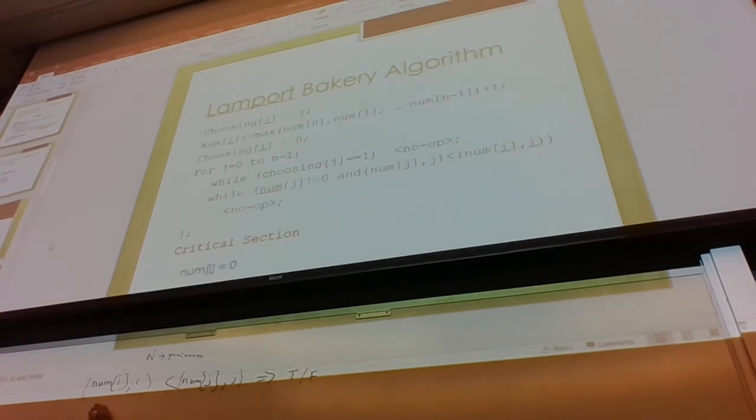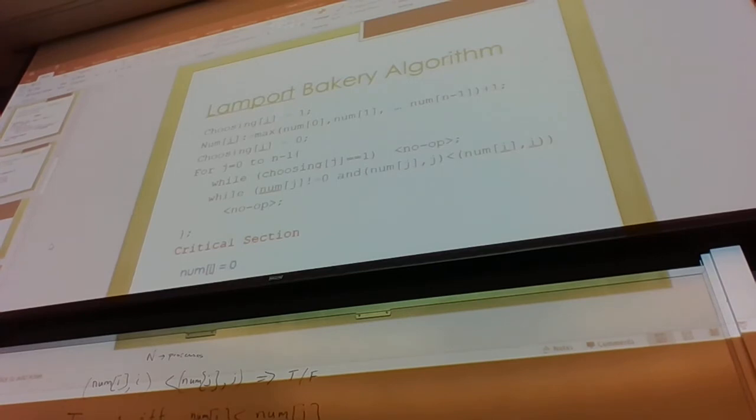So this is true for two circumstances. So it is true first if num I is less than num j. Whenever that happens, it's always true. Right? And the second case, it is true when, let's say, num I is equal to num j.